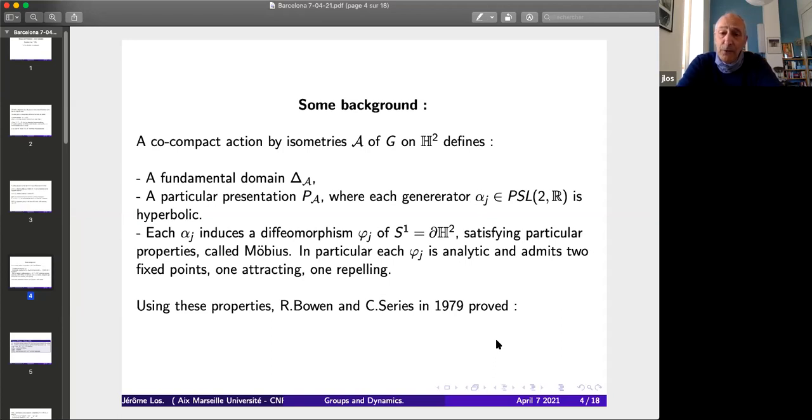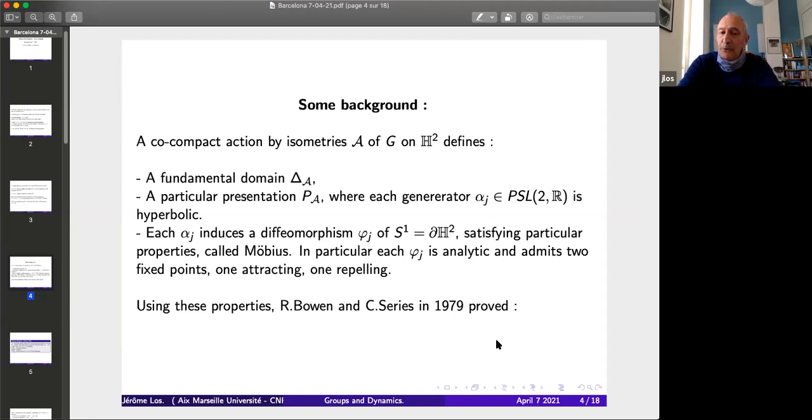And this fundamental domain defines a very particular set of generators and relations. And in this class, each generator can be seen as an element of PSL2R, and they are hyperbolic in the sense that they have 2 fixed points at infinity.